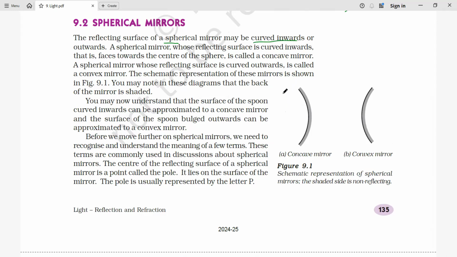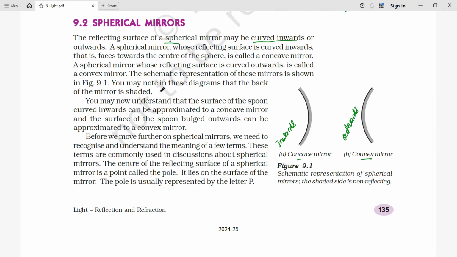In the case of a concave mirror, the curve is inwards. Whereas in the case of a convex mirror, the curve is outwards. That is important here.